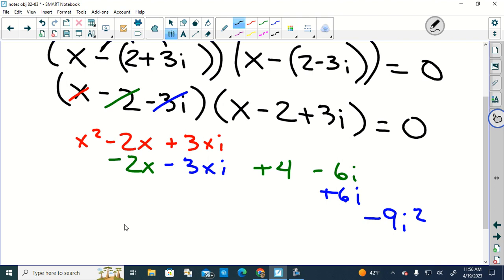So x squared, I didn't have another one, so it stays the same. A negative 2x and another negative 2x give me a negative 4x, so I'm done with that. What happens to that one? Cancels each other out. What happens to that one? Cancels each other out. I'm going to wait for this last one, because what happens when I have an i squared?